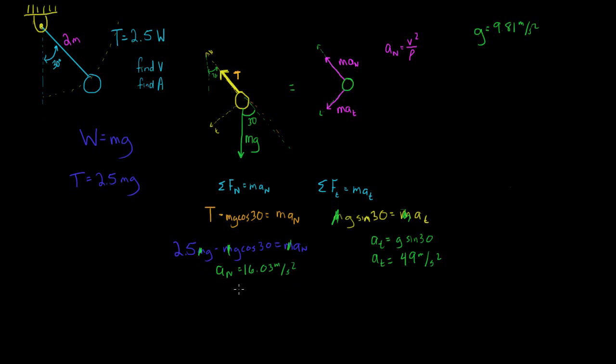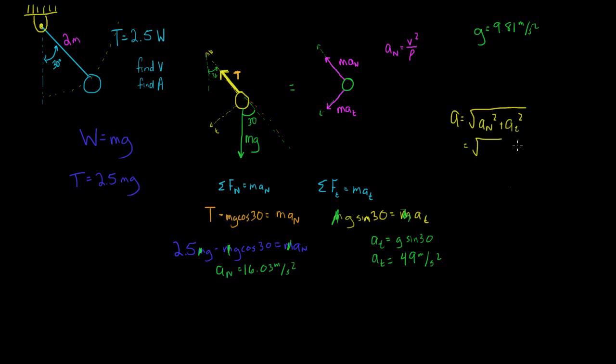And this is good. This is what we need. So our total acceleration, our complete acceleration, is equal to the square root of our normal component squared plus our tangential component squared.